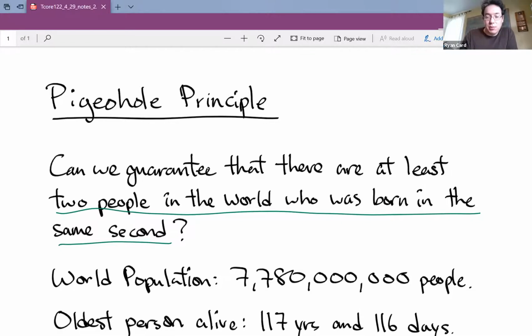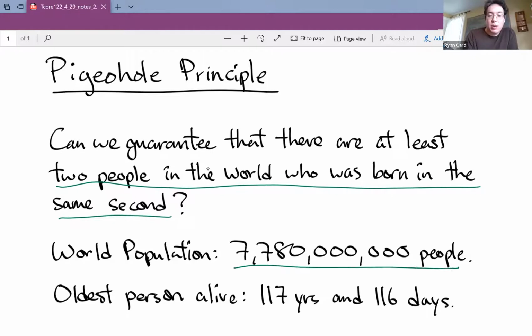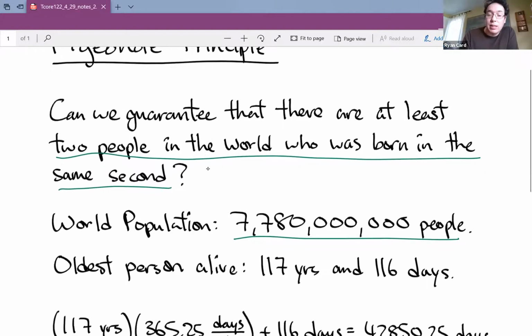So the first thing to do is to check what the world population is. And I just looked it up. It's over 7.78 billion people. It's actually more than that. I kind of rounded down to hundreds of thousands of people. Okay, so that's the world population, that's a lot of people. And then the next thing I looked up was who was the oldest person alive.